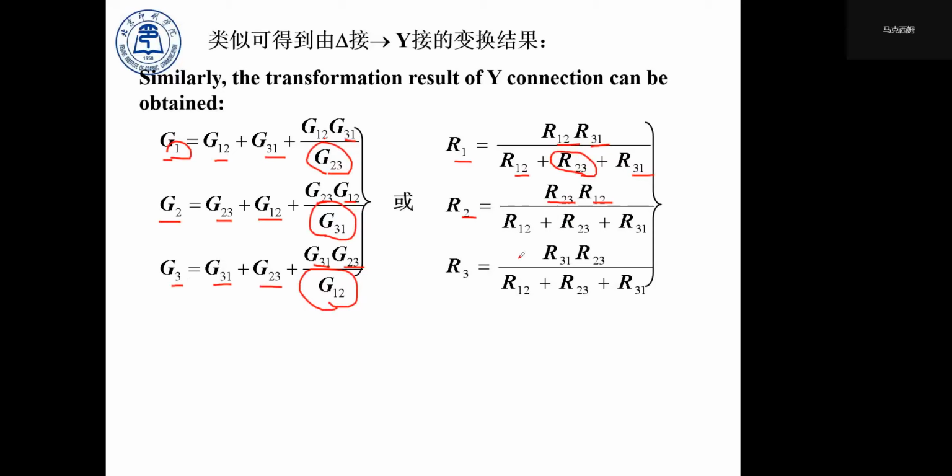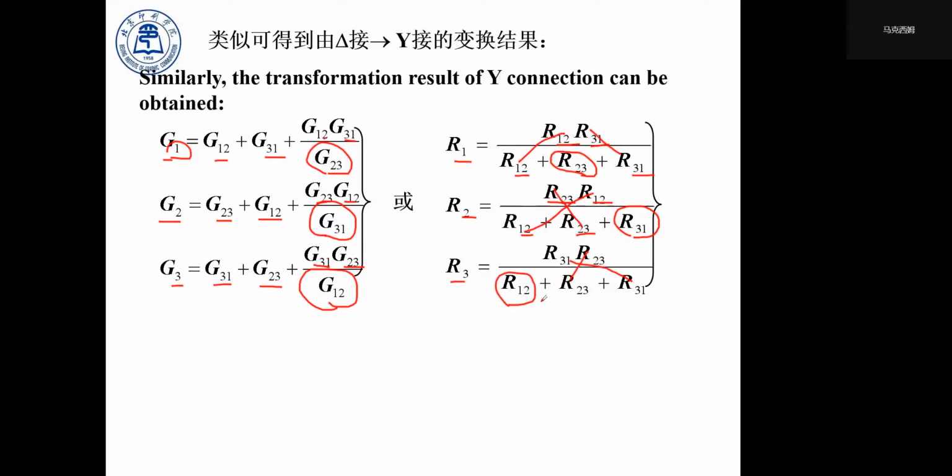And we can see that R31 doesn't contain number 2, only appears once. The rest each appear twice. Similarly, we can see R3: R31 appears twice, R23 appears twice, and R12, which contains no number 3, only appears once.